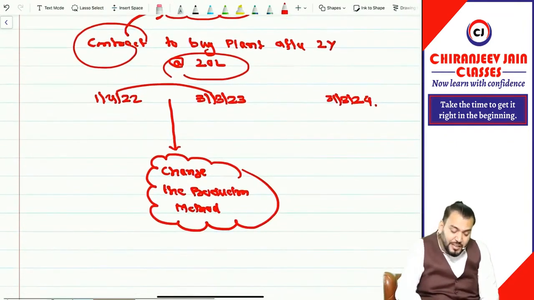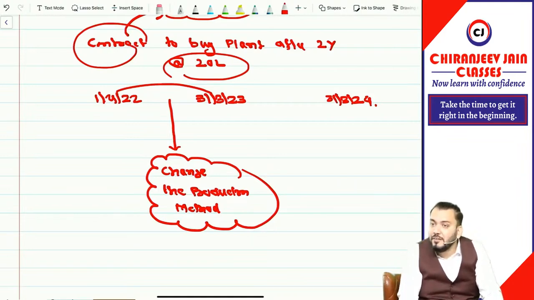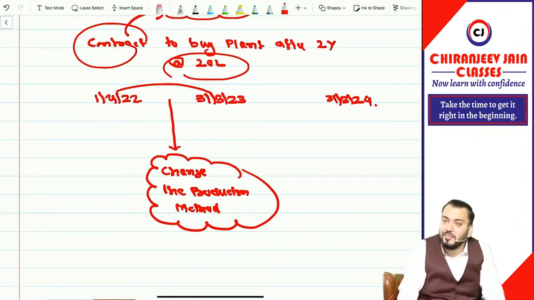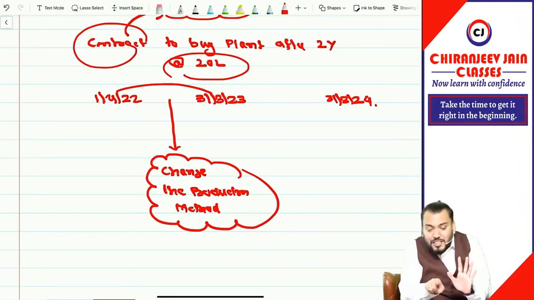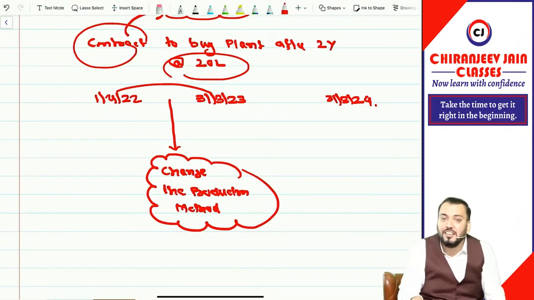But just try to understand, if it is a non-cancellable contract, means binding contract, but now we don't require this machinery. After 2 years, machinery will be delivered and you need to pay what? 20 lakh? Means can I say the cost of meeting that obligation is more than the expected benefit from such machinery?